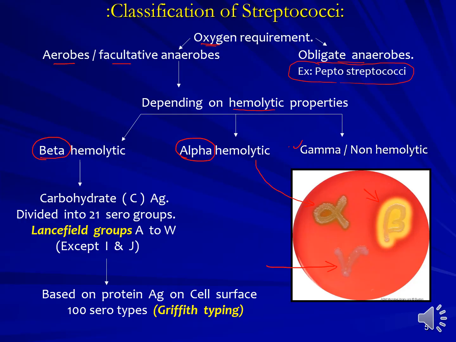So based on this hemolytic property on blood agar, streptococci can be classified as alpha hemolytic, beta hemolytic and gamma hemolytic streptococci. Again, beta hemolytic streptococci, based on the carbohydrate antigen present on their cell wall, are divided into 21 serogroups.